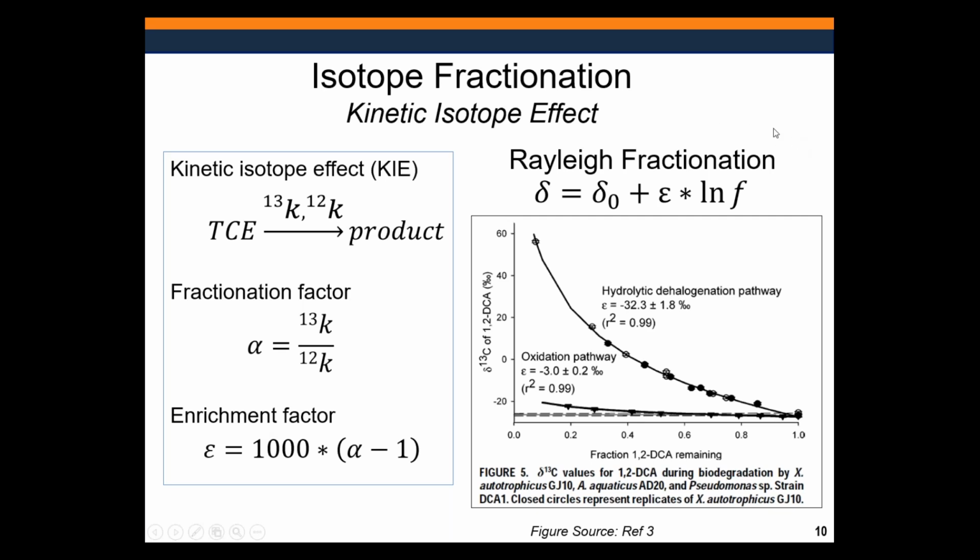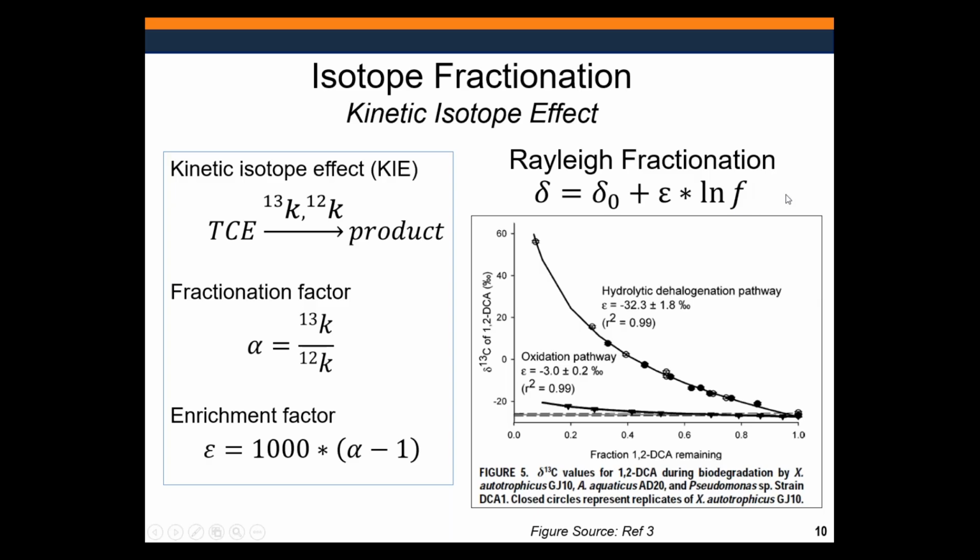This is the equation that brings together the delta value that I talked to you about at the beginning, the measurement of isotopic ratios, with an enrichment factor and a measurement of how much of your contaminant is remaining. That's F, the fraction remaining.